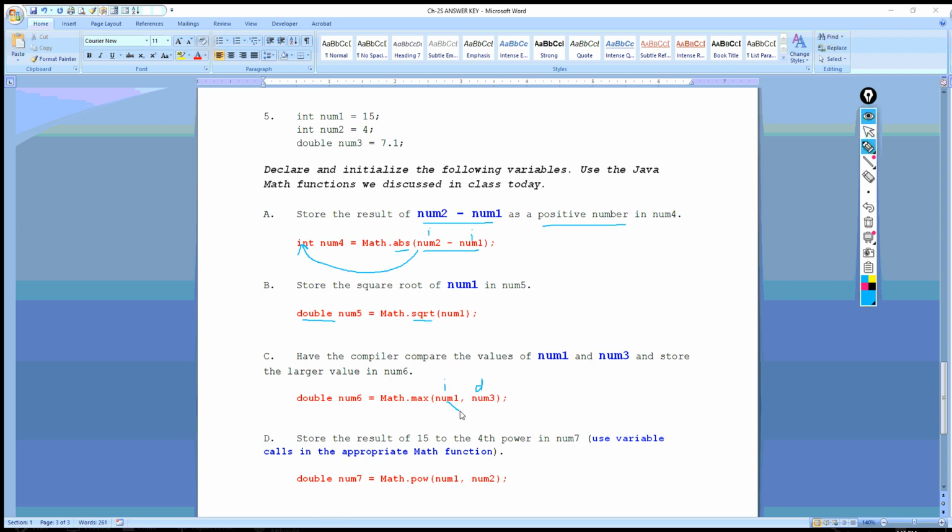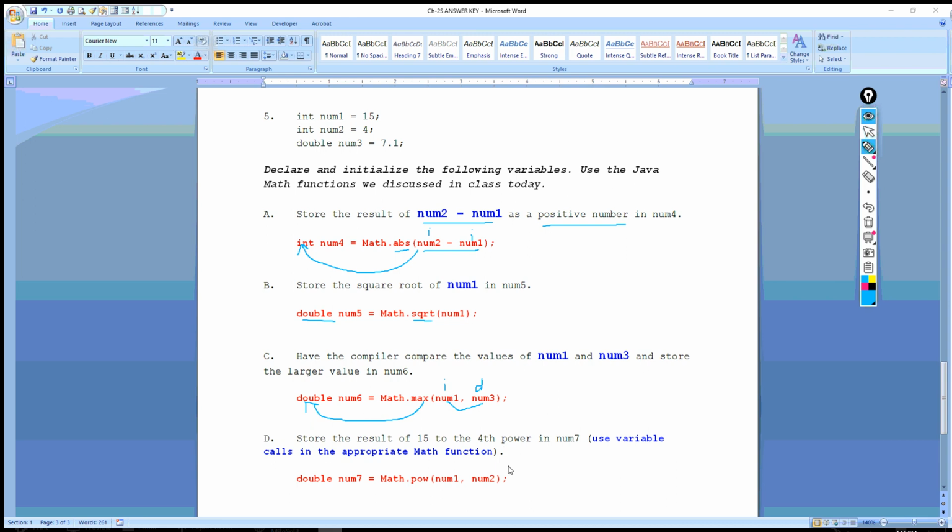Because one of these operands is a double, the return value of the max method is going to be a double. Even though num1 is larger, it doesn't matter. One of these is a double, so the return is going to be a double.